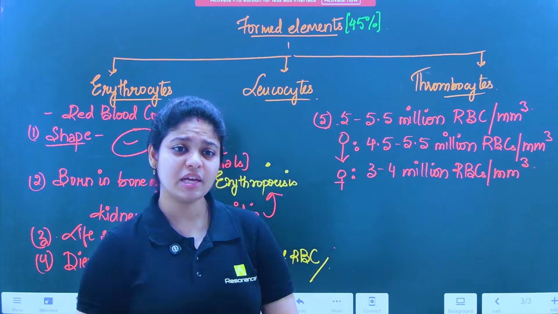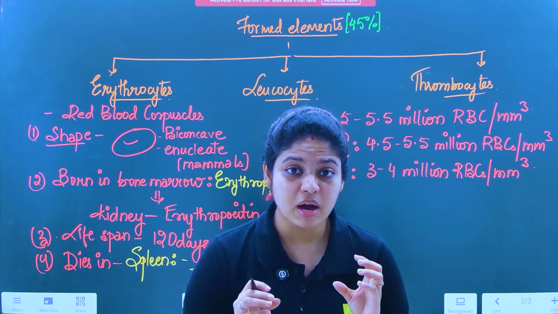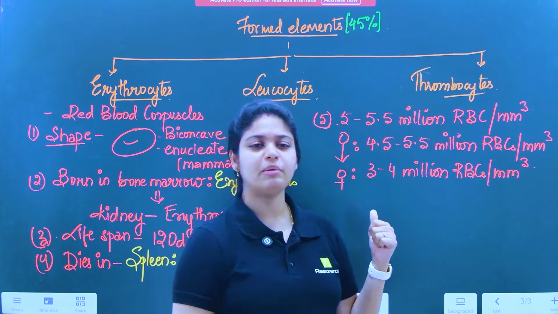Now, can anybody tell me why is the count of RBC less in case of females?